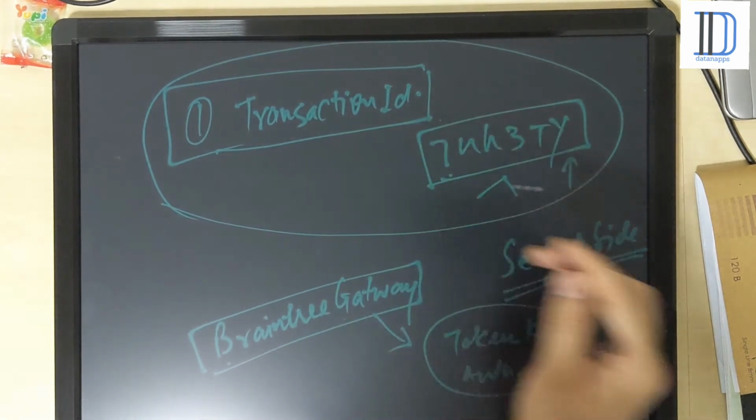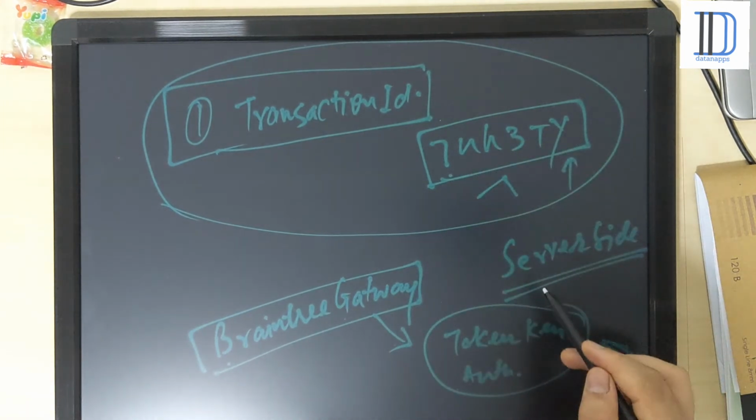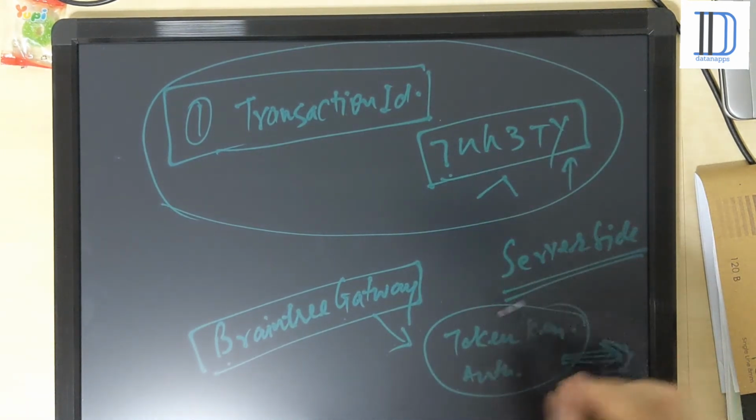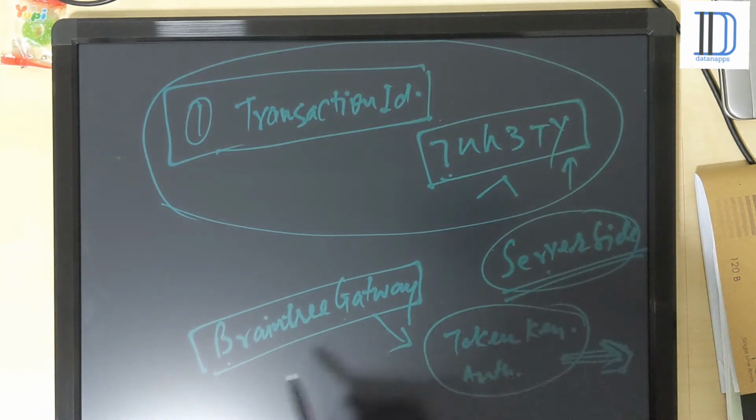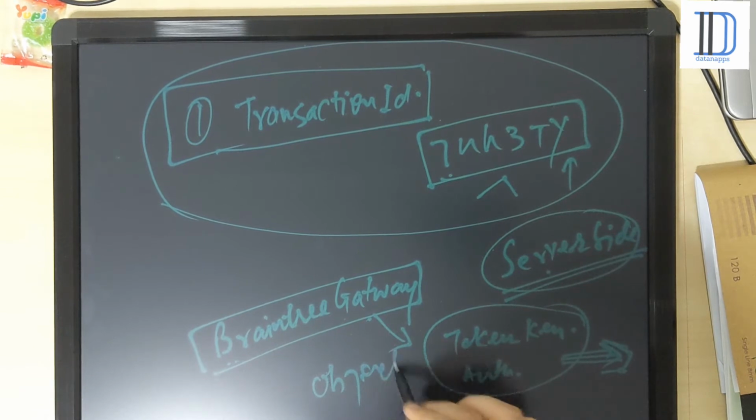So the refund process will happen only on the server side, because on the server side you can easily get the Braintree gateway object, and after that you can perform the refund process.